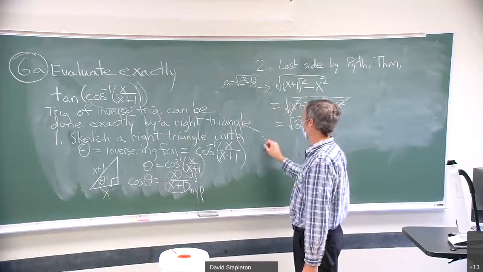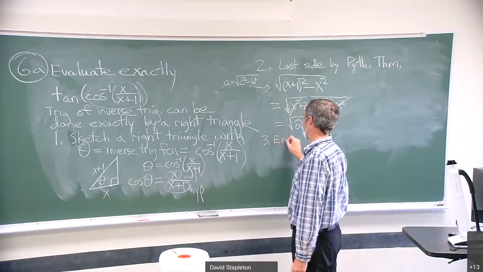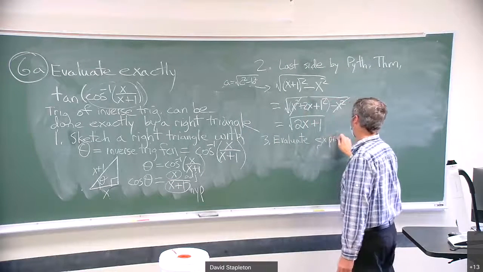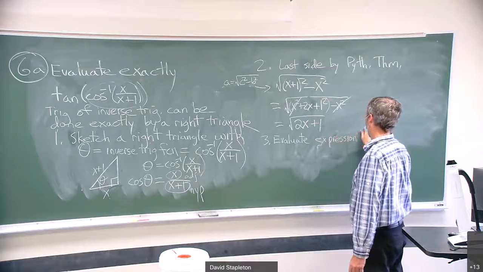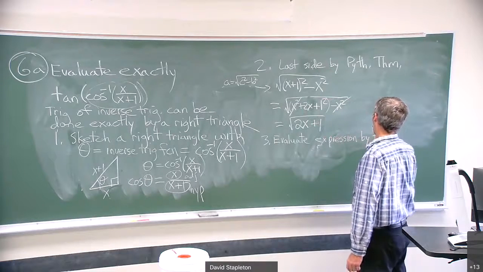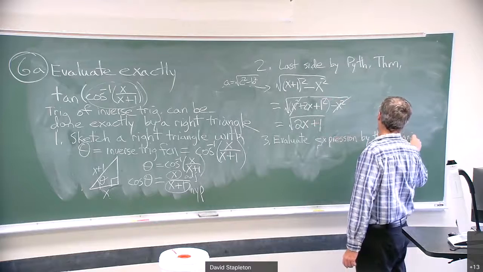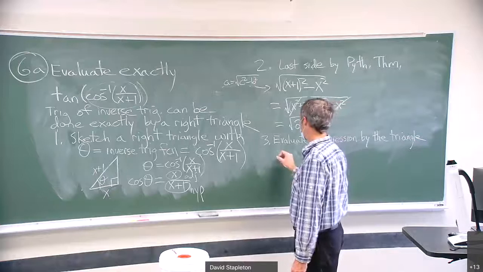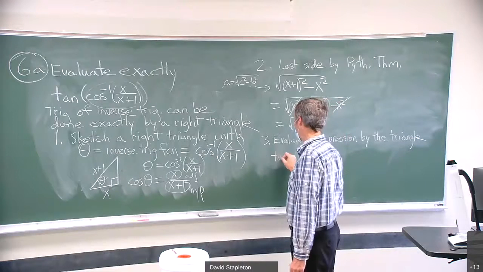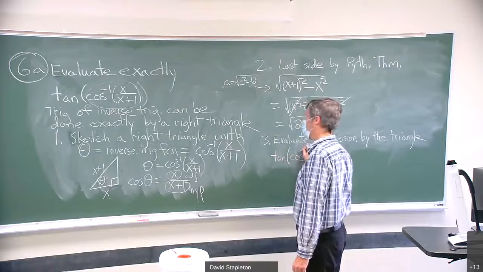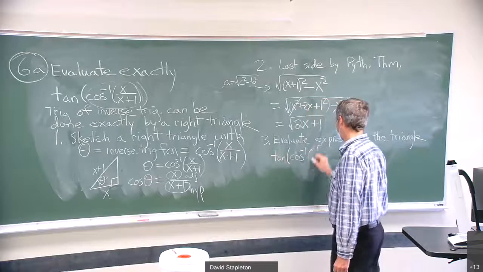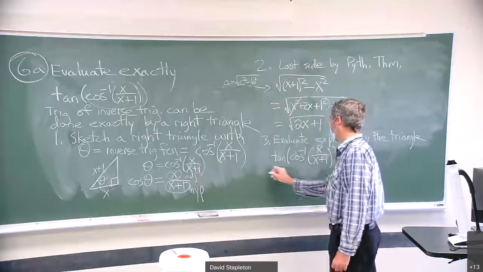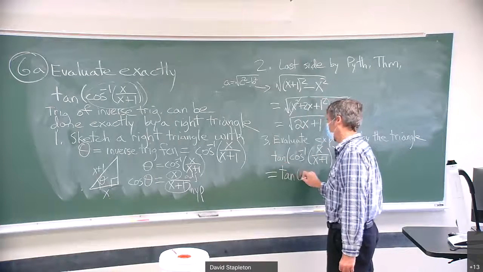And finally, step 3, evaluate the expression using the triangle. All right, so we'll say that the tangent of the arc cosine of x over x plus 1 is the tangent of theta, because we built the triangle that way, right?